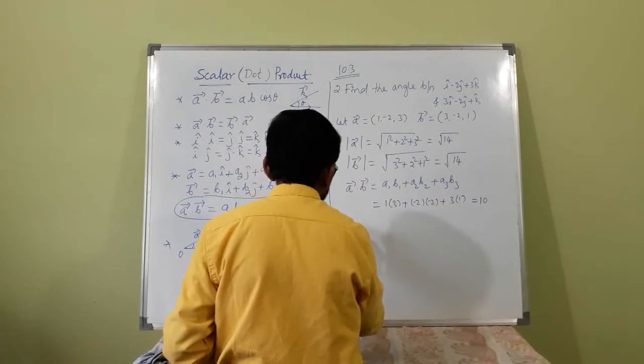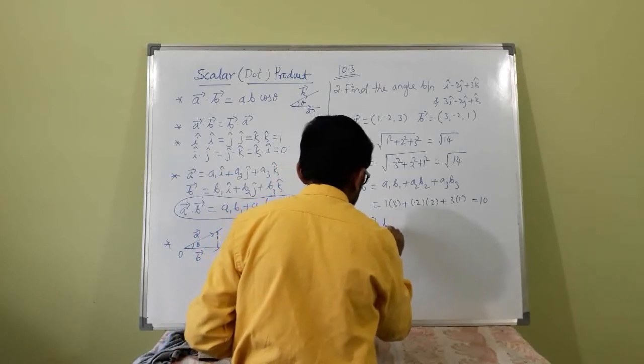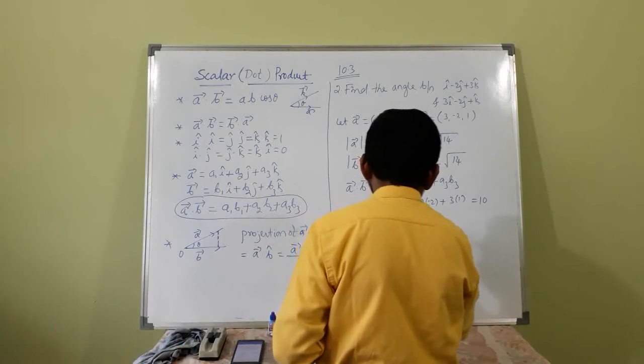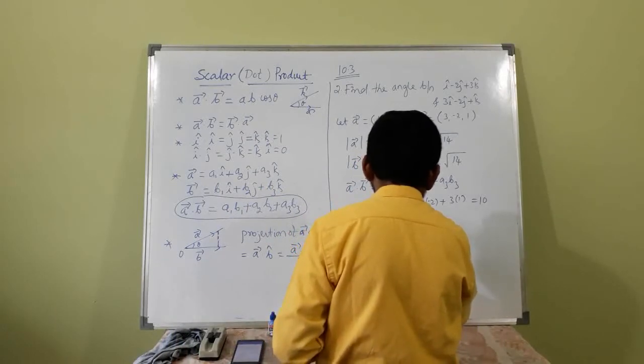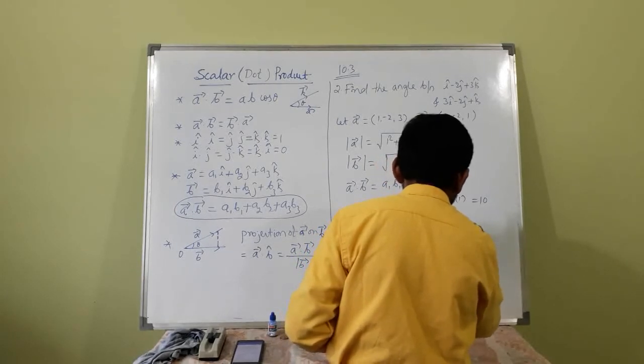A dot B is equal to magnitude A magnitude B cos theta.